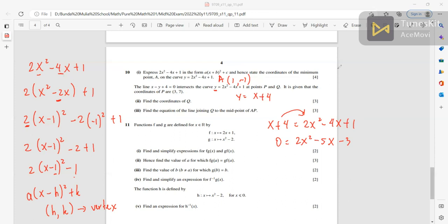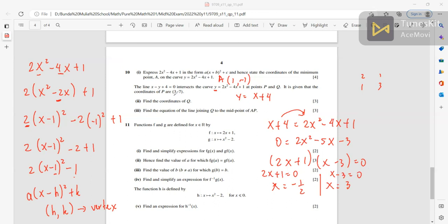So I factorize this, then it's (2x plus 1)(x minus 3) equals 0. So x equals minus half, x equals 3. From 2x plus 1 equals 0 and x minus 3 equals 0.